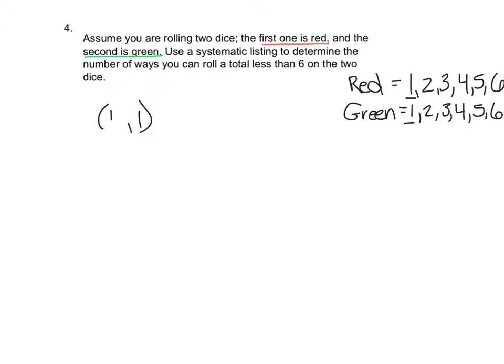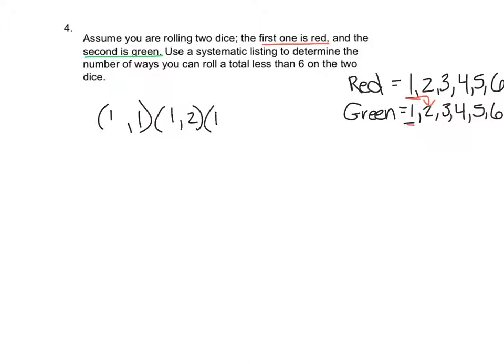So our first outcome could be 1, 1. Again, we're just writing this as ordered pairs. Now I'm going to do this systematically, keeping 1 as my red die. I already listed 1 for green, so now I could get a 2 on green.